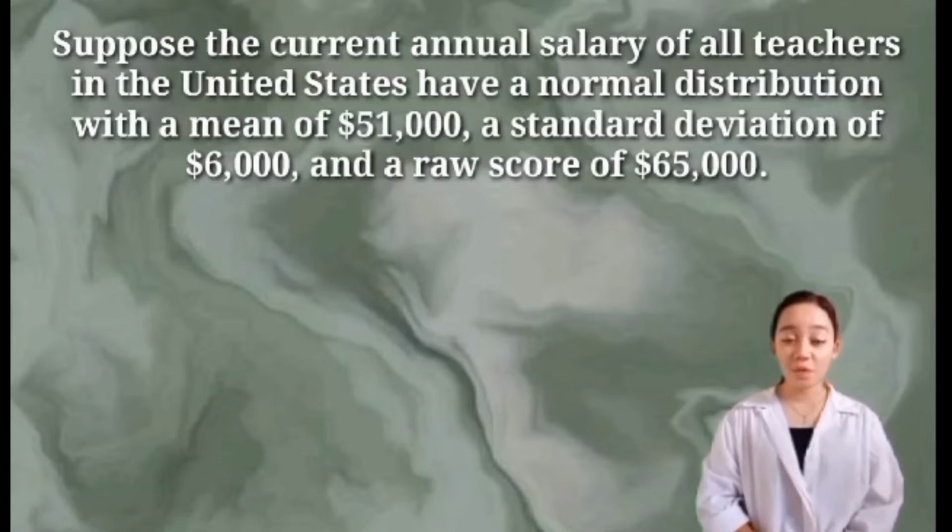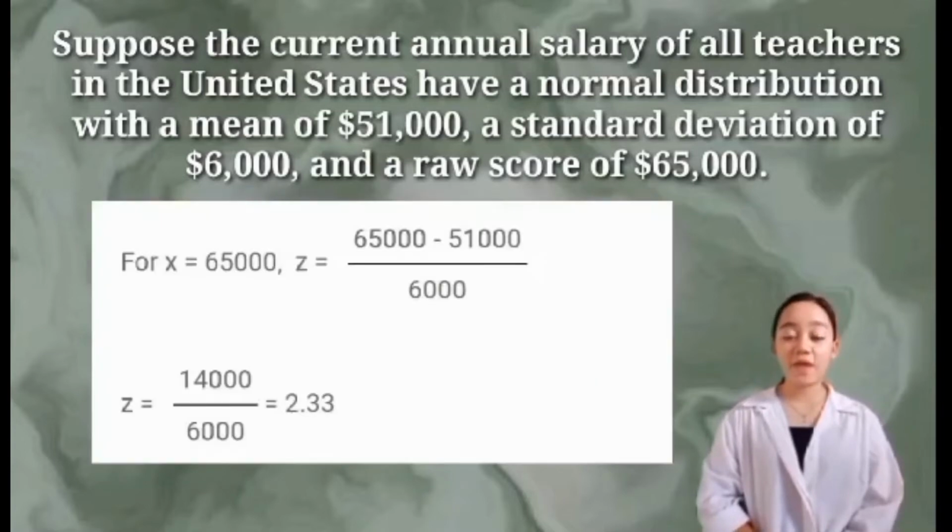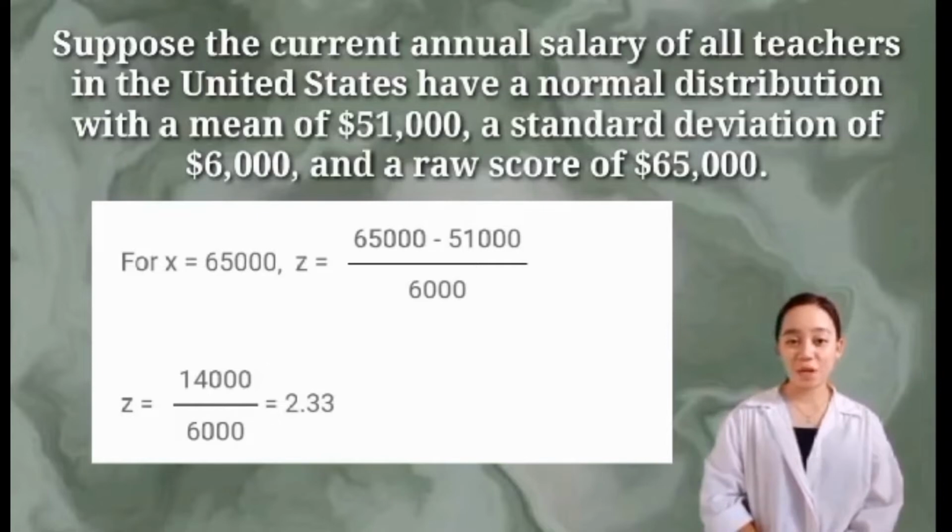So using the formula for the Z-score, we have 65,000 minus 51,000 over 6,000, and that would equal 14,000 over 6,000. Reducing it into a decimal number, it is equal to 2.33, and that is our Z-score.